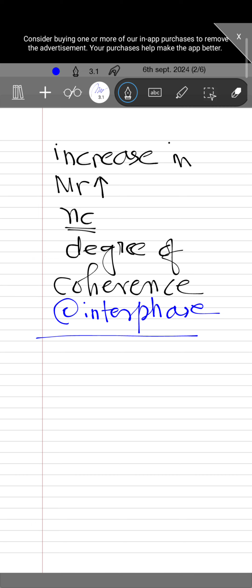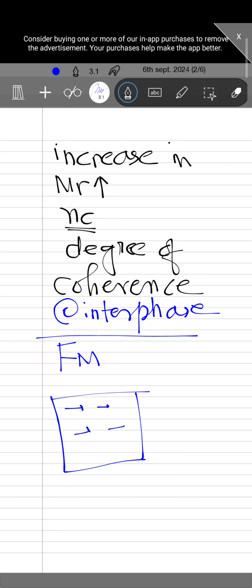In ferromagnets, the magnetic dipoles inside the material align almost parallel to the applied magnetic field. When this is the case, with the degree of coherence, there is something called an exchange bias.